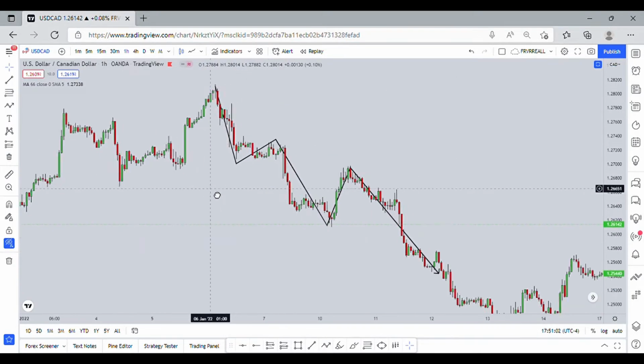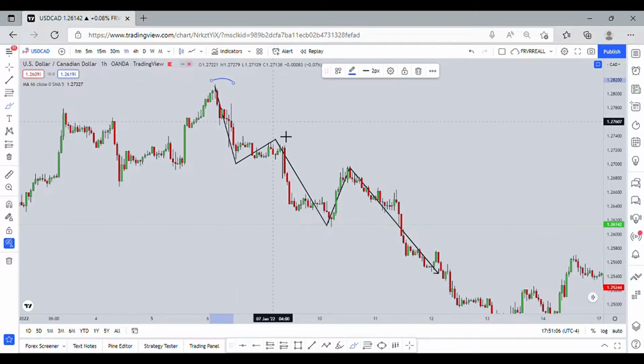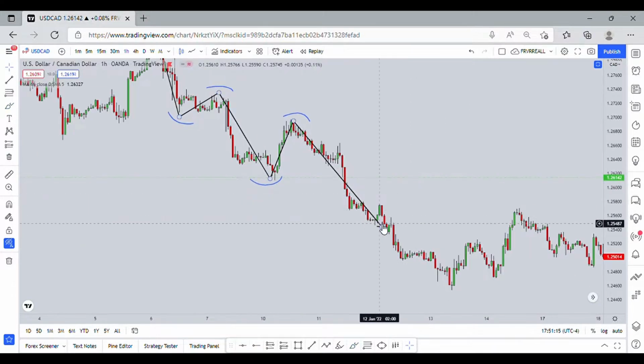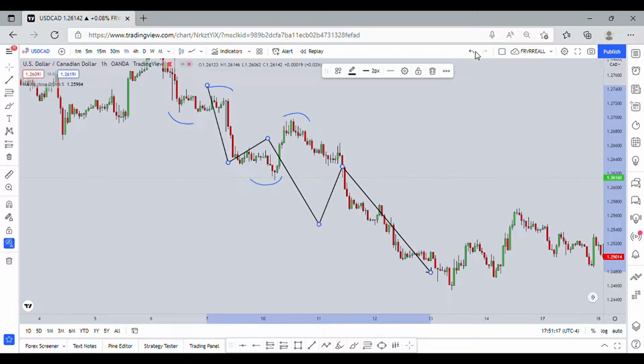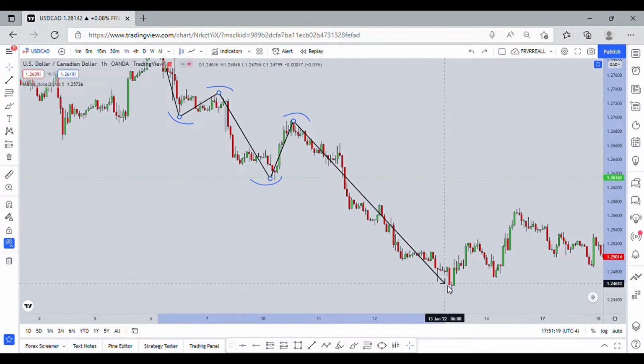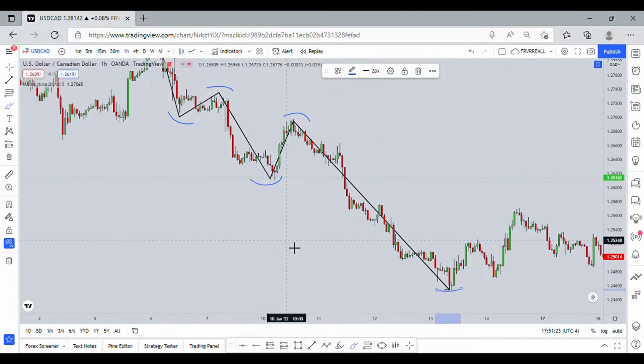Very simple, very clear. It's basically the same thing, but on the flip side. The terms are going to be different because technically they're different.